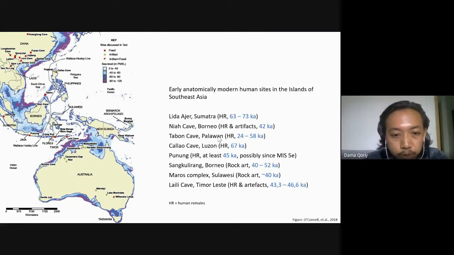The problem here is to determine the chronology of those findings from various sites, particularly in the old sites, for example, Punung and Lida Ayer. The provenance of the human remains is hard to trace because they were recovered tens of years ago, so the record is not so good.